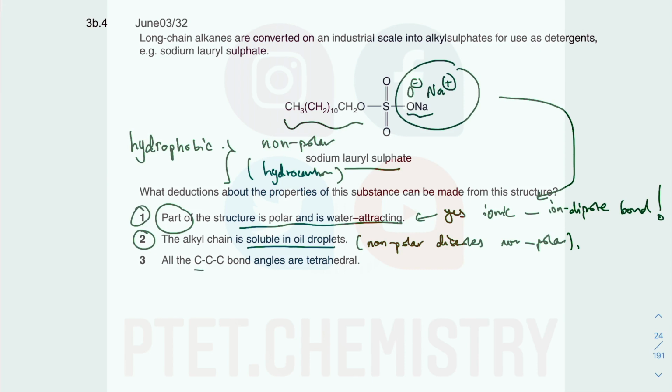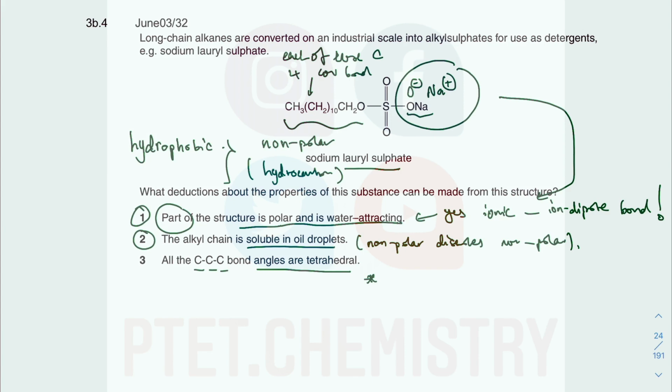All the carbon bond angles are tetrahedral. So these are CH3, these are CH2. Each of those carbons is bonded to, well, basically 4 covalent bonds. See the carbon there? H, H, O, and then the carbon.